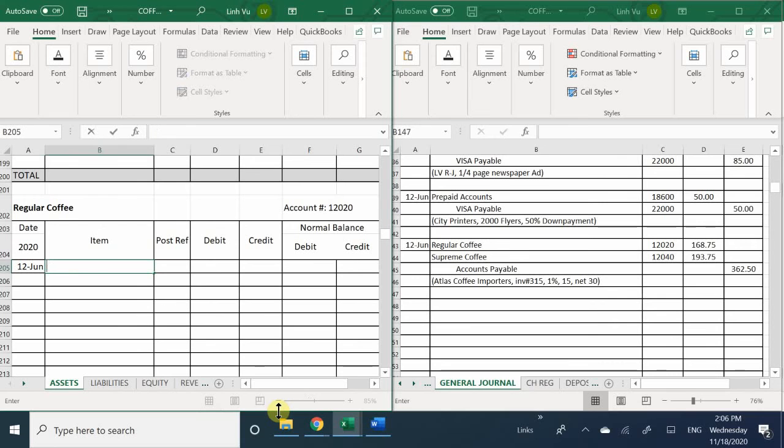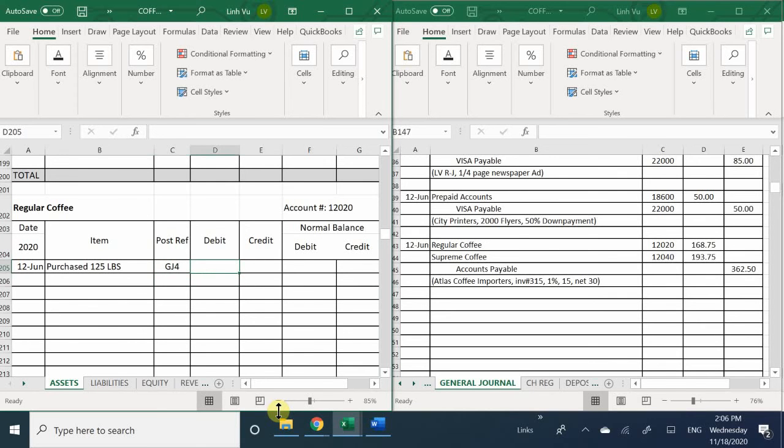So here I'm going to say I purchased 125 pounds. The post reference is going to be my general journal number 4.